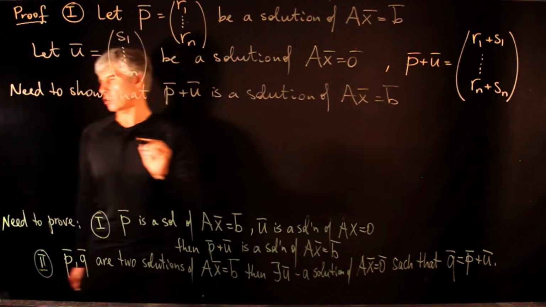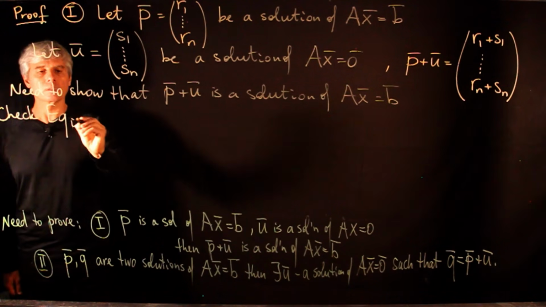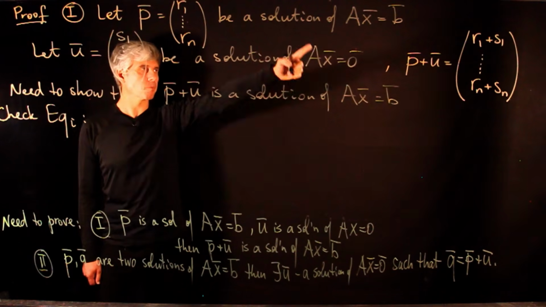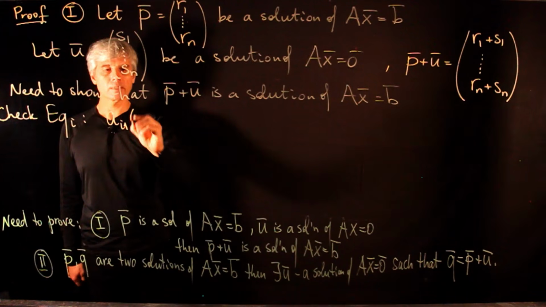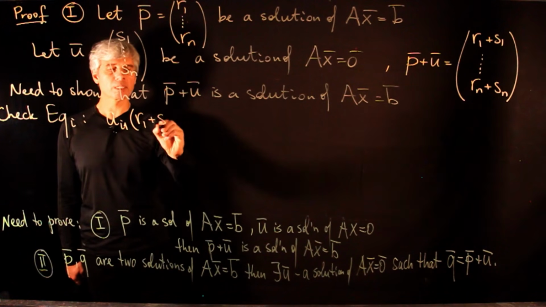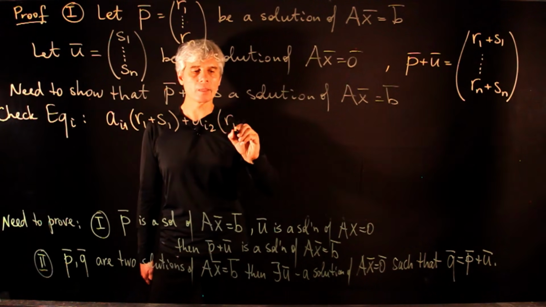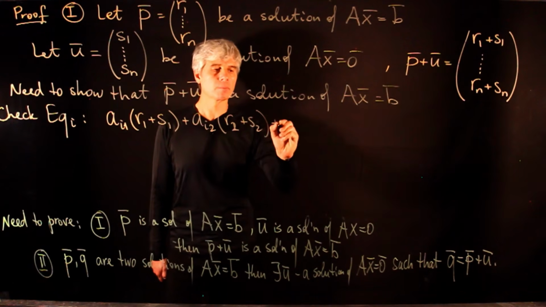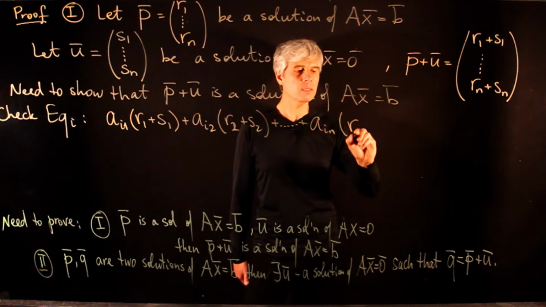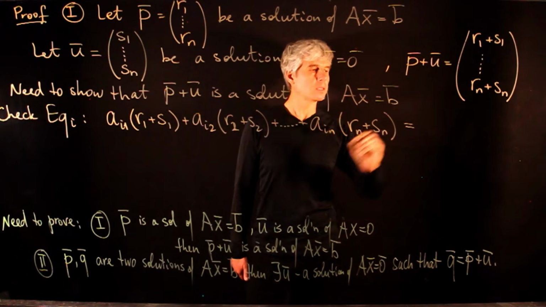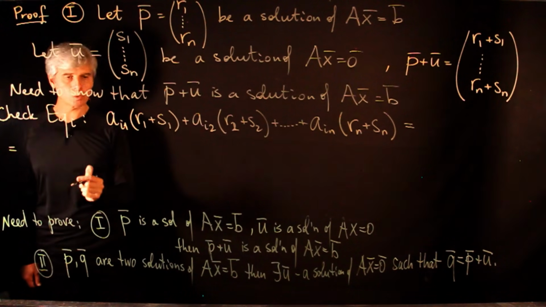So let us check equation number I. We substitute this n-tuple in equation number I. So we have AI1 times (R1 plus S1) plus AI2 times (R2 plus S2) plus ... plus AIN times (Rn plus Sn). Now, this sum may be split into two parts.